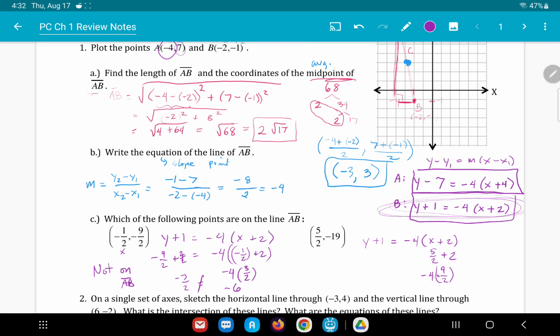And therefore we'll get, what will that give us? Negative 18. On the other side, we're going to plug in negative 19 plus 1, and oh, look at that, that gives us negative 18 as well. So yes, this does work. Therefore, (5/2, -19) is on AB. Just like that. Okay, all right, so that concludes number 1.